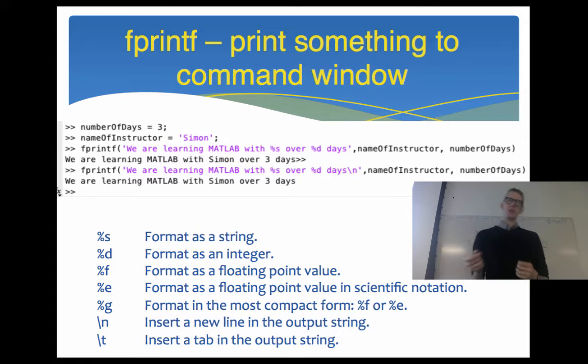And then if you hit enter, you should see we are learning MATLAB with Simon over 3 days. It'll start a new line, and then our arrows for our next line of code will be on a separate line ready to go. It looks less messy, so it'd be good to get into the habit of whenever you're doing a print statement to end it with a \n. You can also use \t, which we'll make use of when we're creating tab delimited documents, but for now just worry about \n.